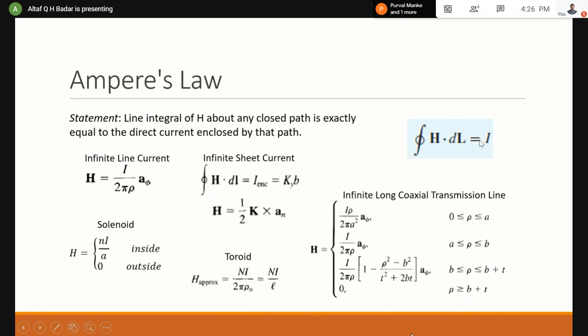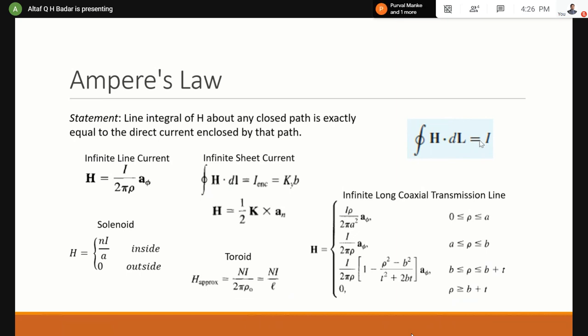There we were talking about enclosed charge. Here we are talking about enclosed current. So if I integrate H along a closed path, then the current that it encloses is what I get.